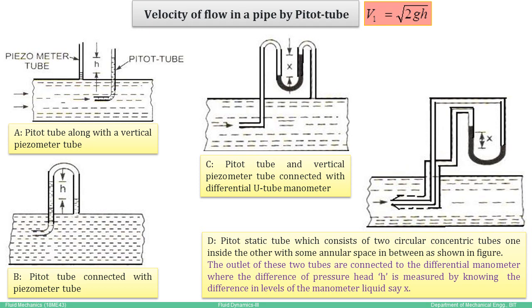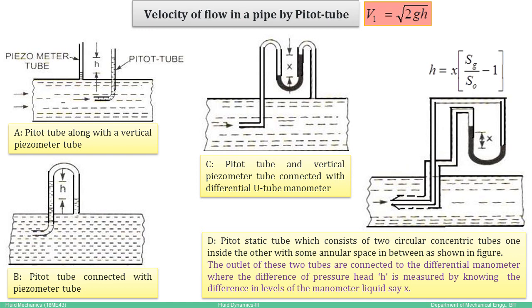The opening here at the mouth, the direct opening, gives you the total stagnation pressure, whereas the openings at the side surfaces, the lateral surfaces, will give you the dynamic pressure there.